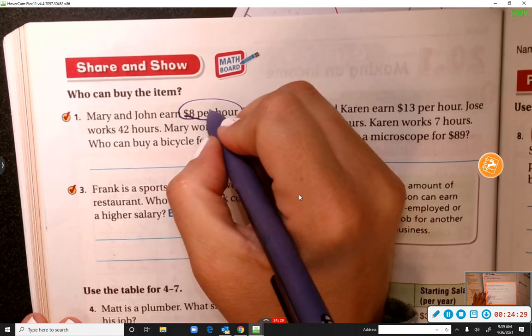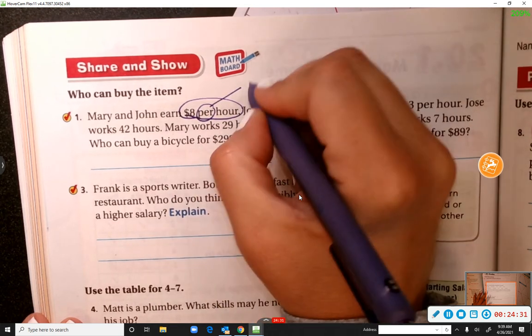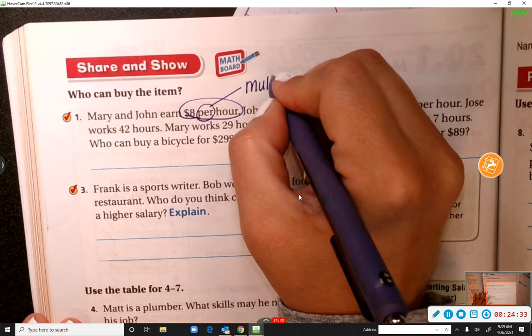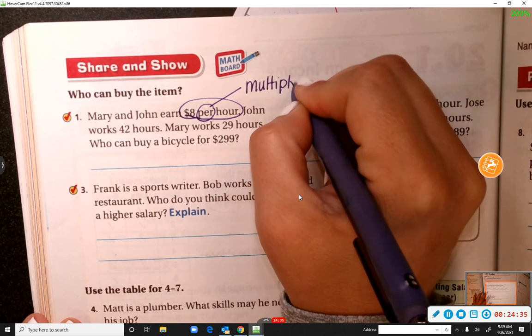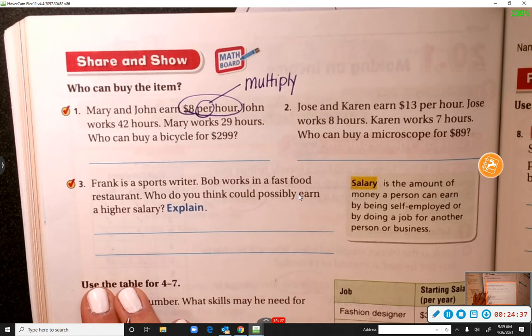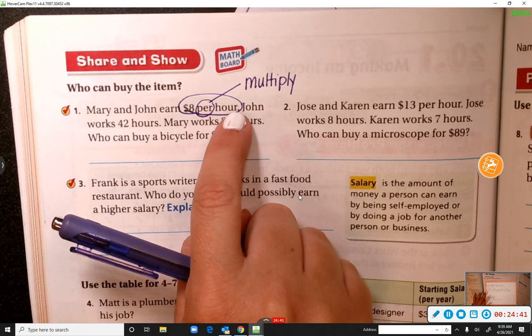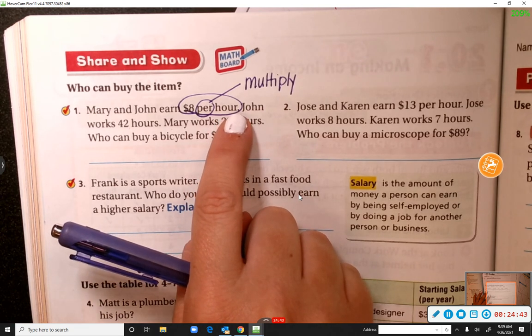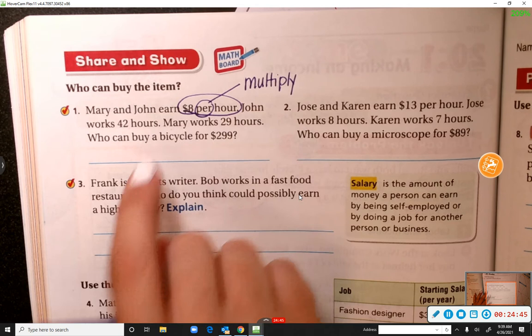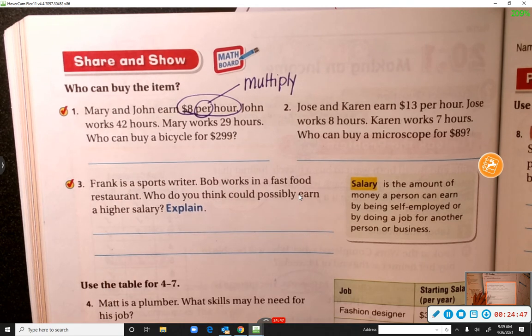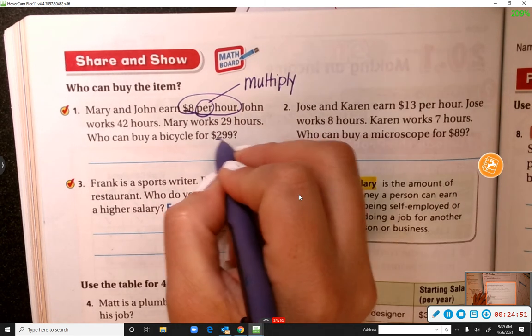When you hear this word per, that means multiply. $8 per hour, so I'm going to multiply by the hours. John works 42 hours. Mary works 29 hours. Who can buy a bicycle for $299?